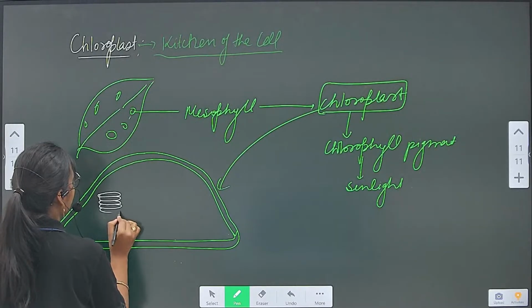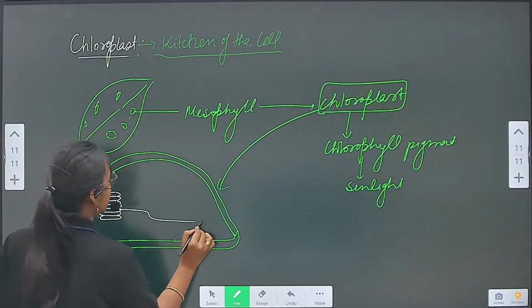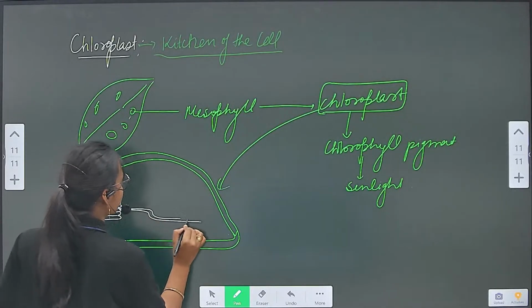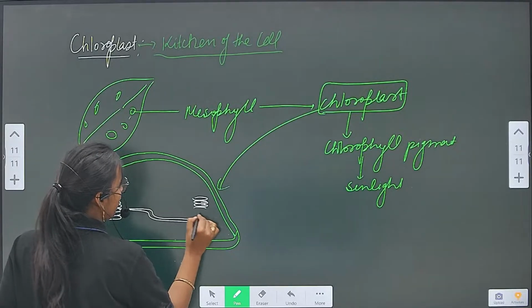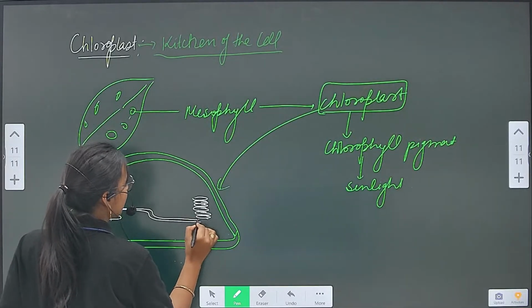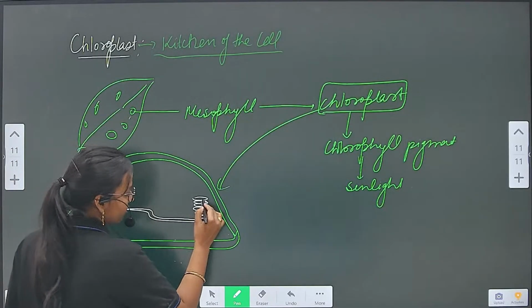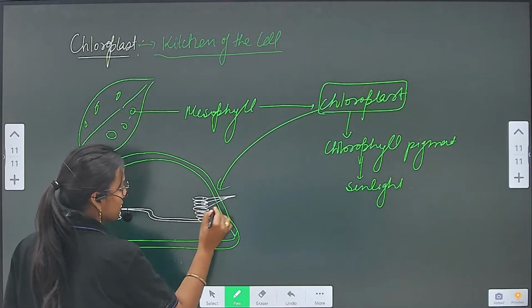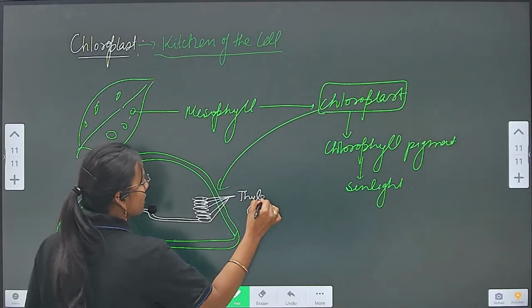The membranous structure present inside is called grana, if it is in the form of stacks like this, and if it is dispersed, then these individual units are called thylakoids.